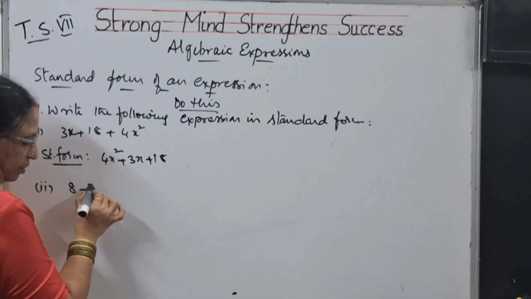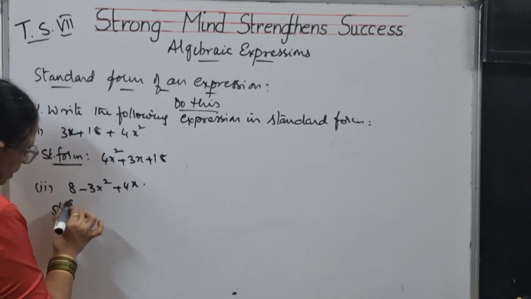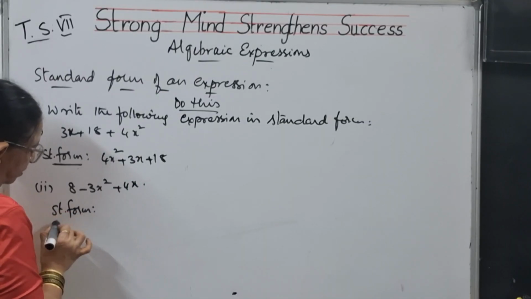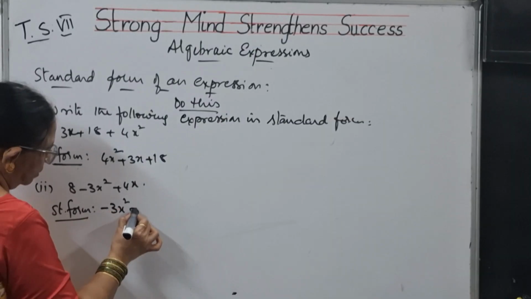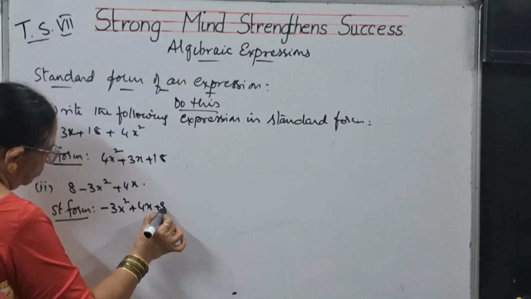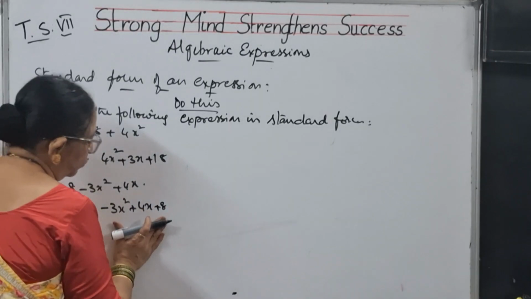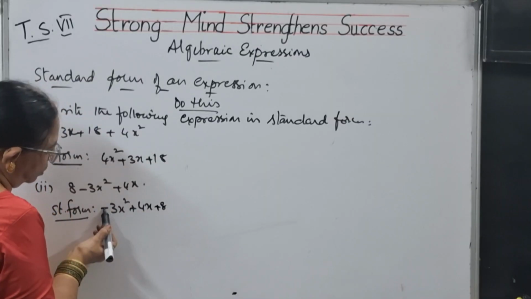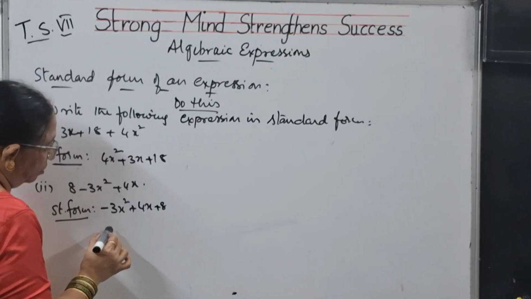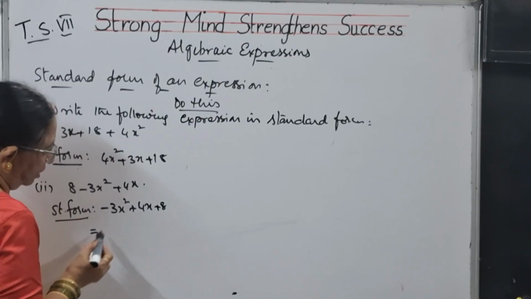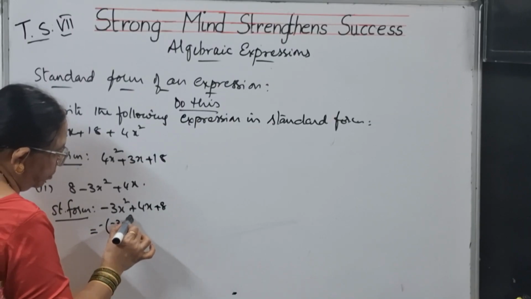Second one, 8 minus 3x square plus 4x. So what is the standard form? First x square. See, it is having minus. So let us write minus 3x square plus 4x plus 8 is the standard form. Even if you feel that you should not have this minus sign, you want only plus sign here, then what you have to do, you multiply all the terms with minus sign.